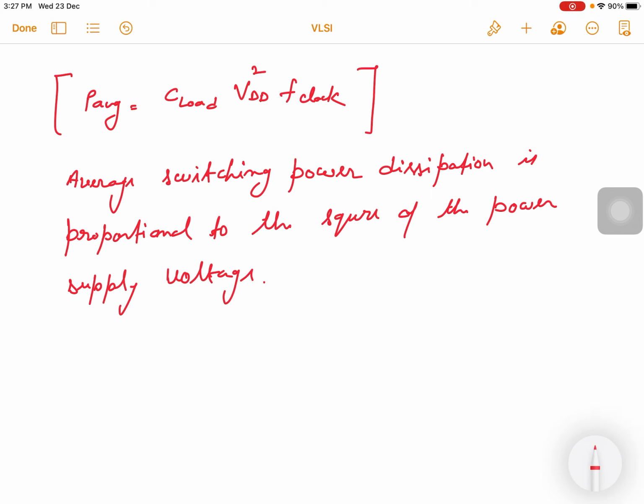So you can see that P average is directly proportional to VDD squared.